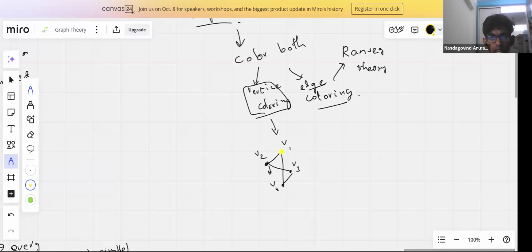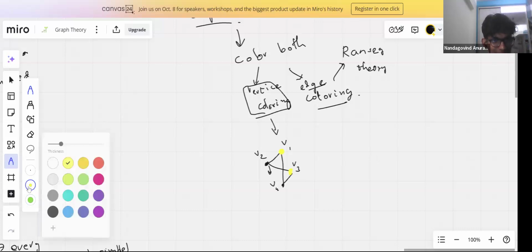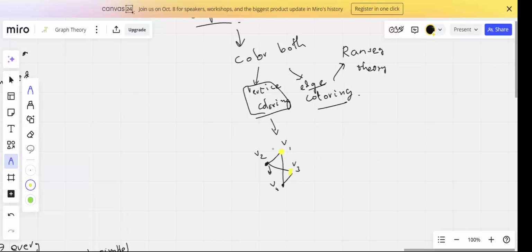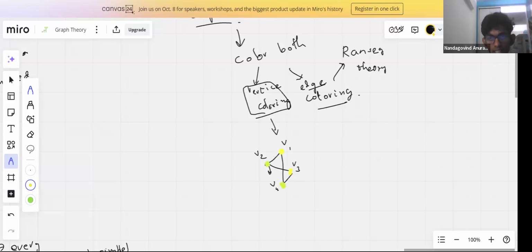So I can color the points. Oops, I don't color them like that. No, let me change the color. Okay, never mind.